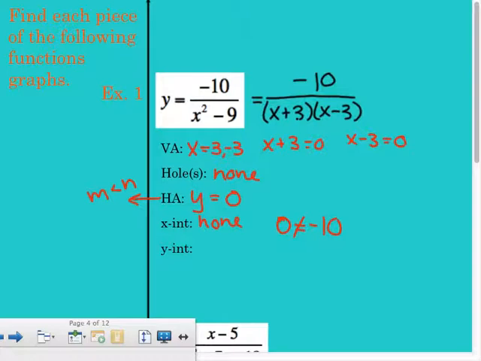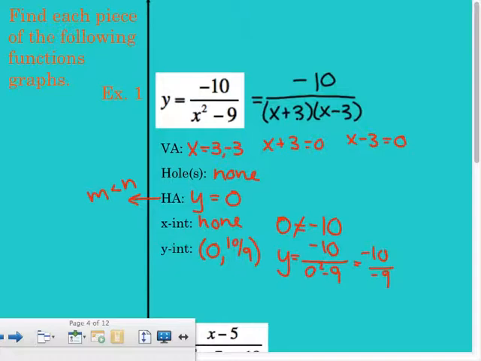Therefore, I have no x-intercept. For the y-intercept, I substitute 0 for x. So y equals negative 10 over 0 squared minus 9, so y equals negative 10 over negative 9. The y-intercept is (0, 10/9), about 1.11 repeating. So what I'd like you to do now is pause the video and put this in a graphing calculator.